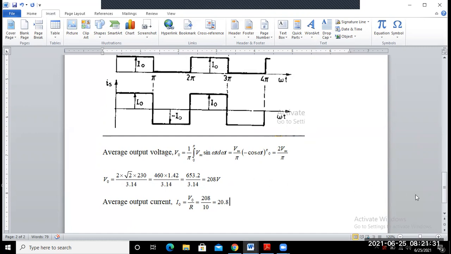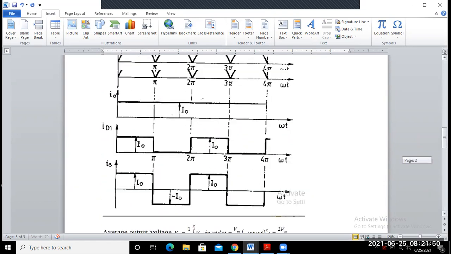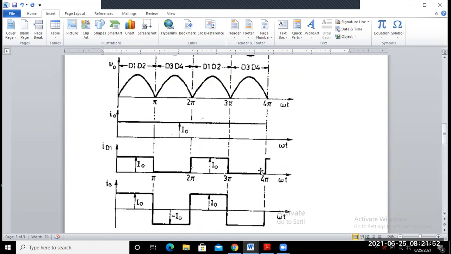How can we find out the average and RMS value of the diode current? So you just observe this waveform of the diode current across the diode D1.